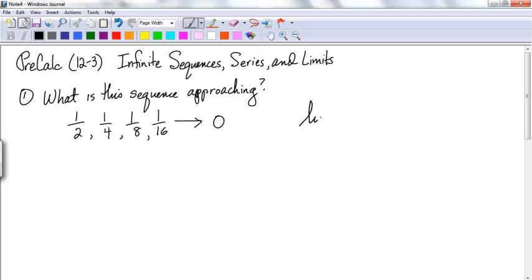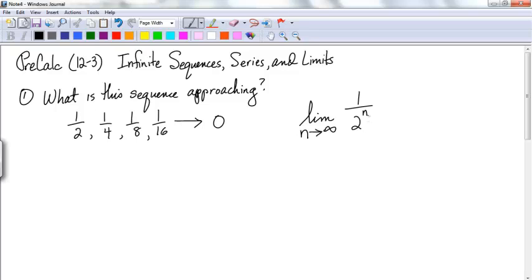The author's going to introduce the limit notation, and you can write this sequence. You're actually multiplying by 2 in the denominator each time. So if we write it 1/2 to the n power as n approaches infinity. Okay? So if you substituted in, if n was 1, you'd have 1/2. If n was 2, you'd have 1/4.